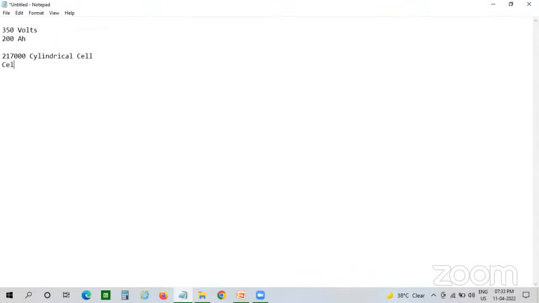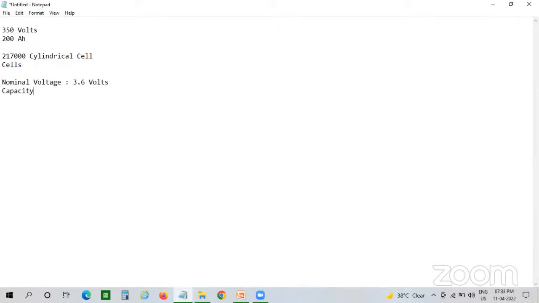When you are going to purchase any cell, the cell manufacturer will provide you some inputs. So I have the nominal voltage, suppose, for example, 3.6 volts. Generally lithium ion battery cells have this voltage. And I have the capacity of the cell.